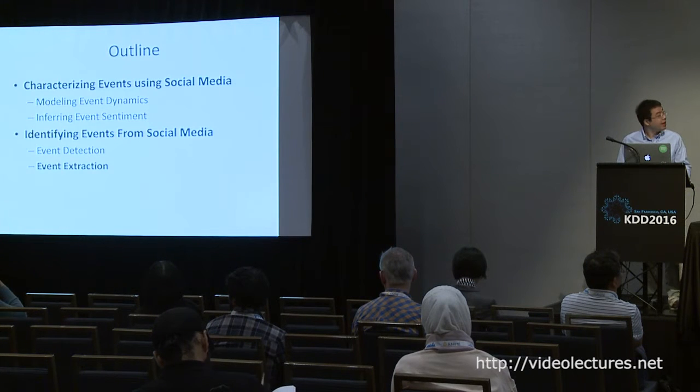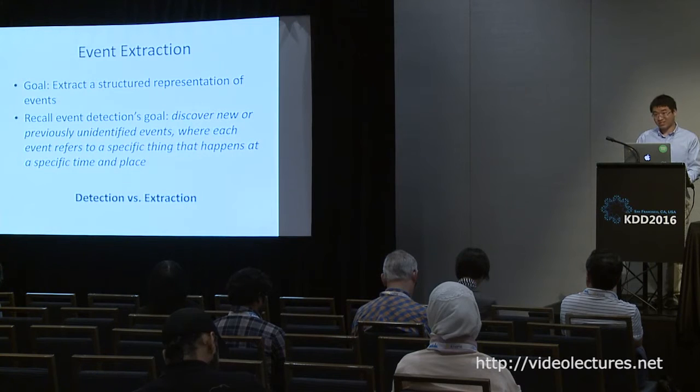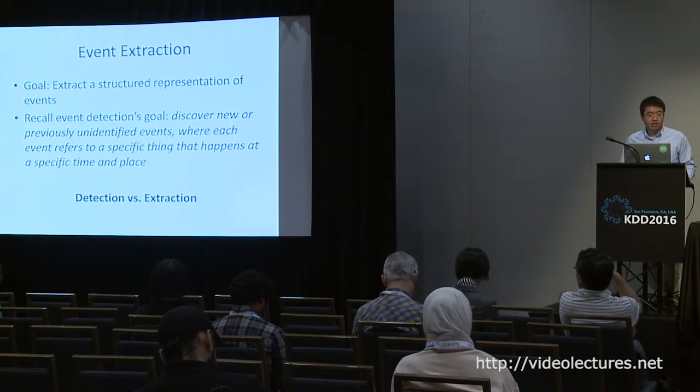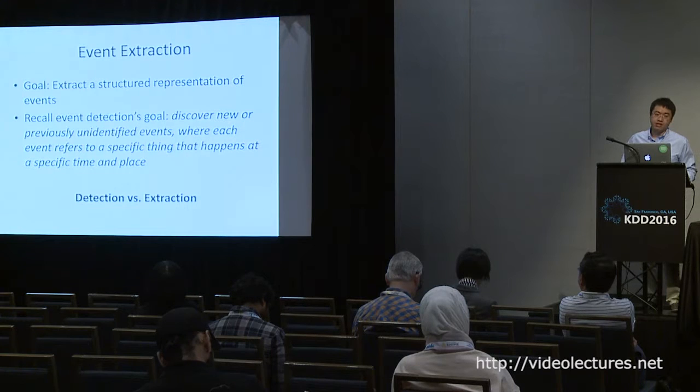Okay. And the last part I would talk about, which is also very interesting, is called event extraction. So what is event extraction? Event extraction is to extract a structured representation of events, which is different from event detection.